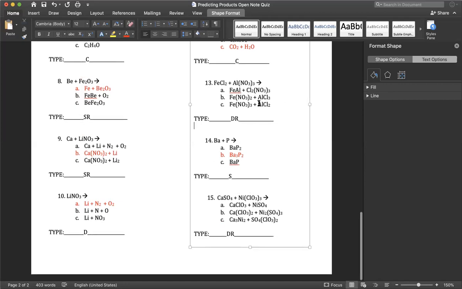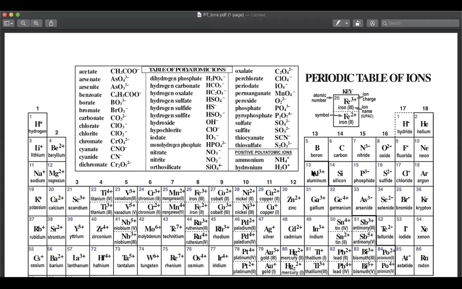Now, iron can have multiple charges, right? So I don't necessarily want to start with that one. But aluminum and chlorine, if I look at my periodic table, both only have one charge. So I'm going to figure out what that would be when I crisscross. Aluminum's a +3, chlorine's a -1.